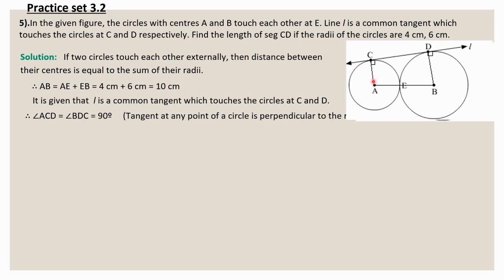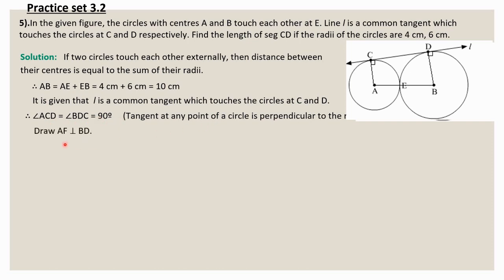Hence, AC is perpendicular to line L. Similarly, we can say that BD is perpendicular to line L. Since they are perpendicular, they will be 90 degrees. Therefore, angle ACD and angle BDC will be 90 degrees. Hence, angle ACD is equal to angle BDC, which is equal to 90 degrees.